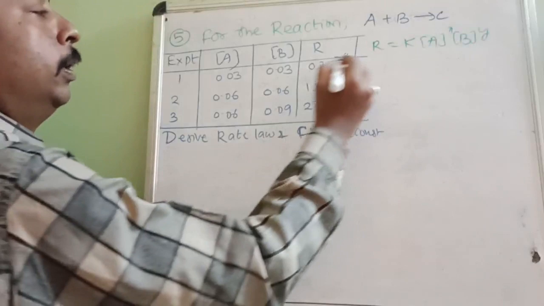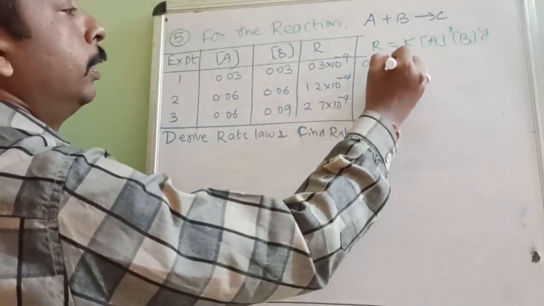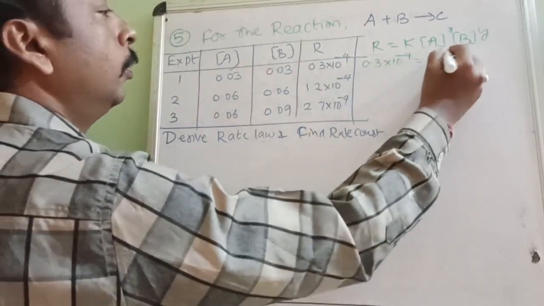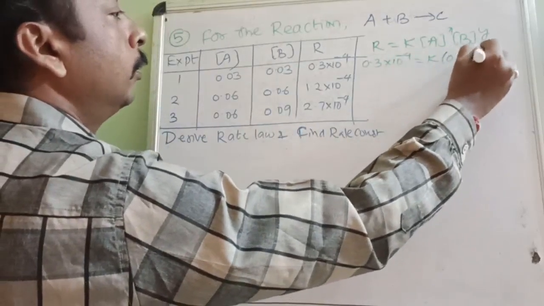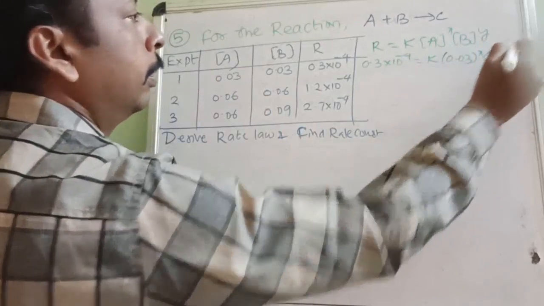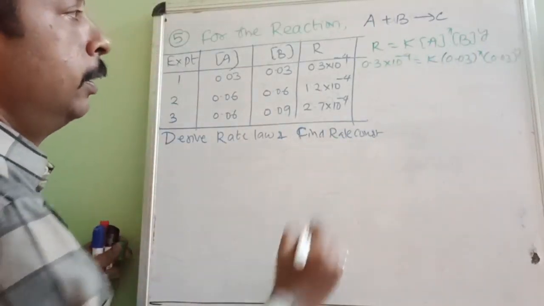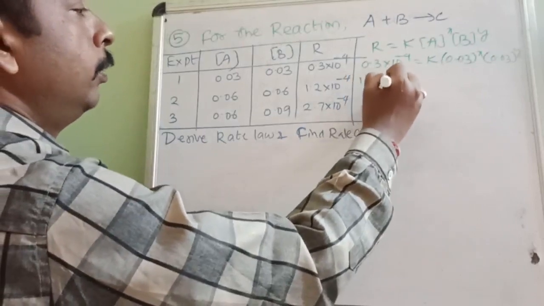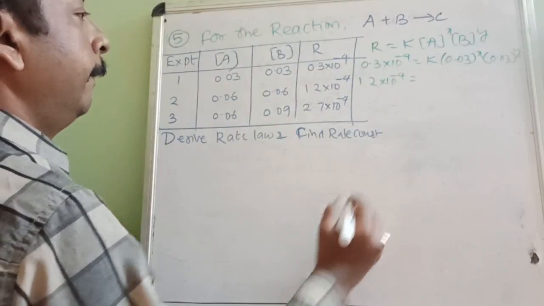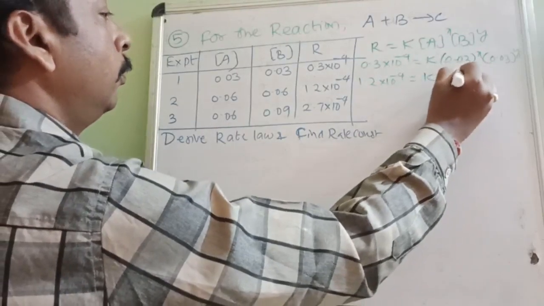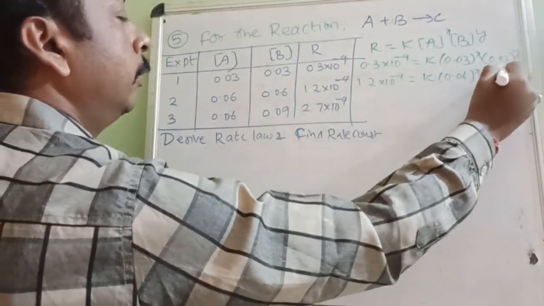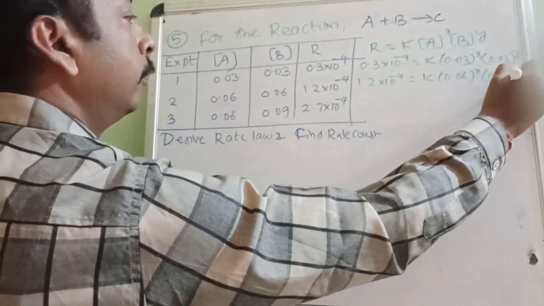y. So in place of r, 0.3 into 10 to the power of minus 4, k into 0.03 to the power of x, 0.03 to the power of y. Okay. Next it is 1.2 into 10 to the power of minus 4 and k into 0.06 to the power of x, 0.06 to the power of y.